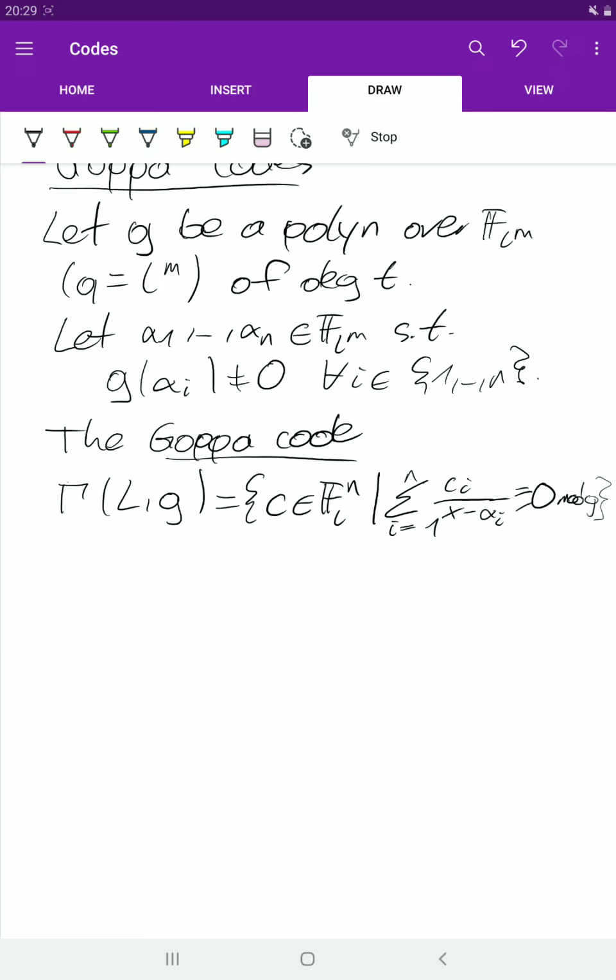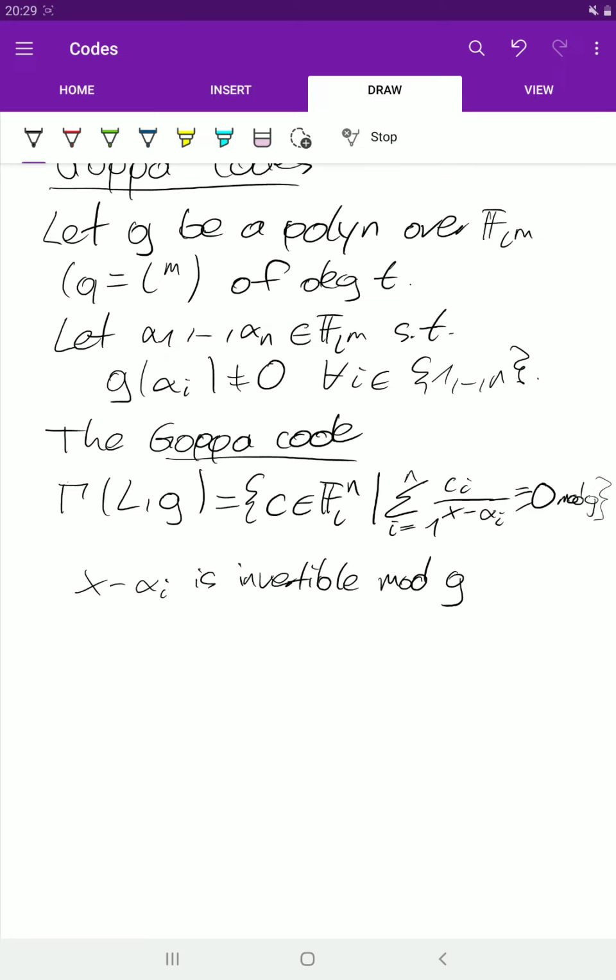First note that x minus alpha_i is invertible modulo g, because g(alpha_i) is non-zero, and this polynomial has degree 1, so we can apply the Euclidean algorithm and we get that the greatest common divisor is 1.